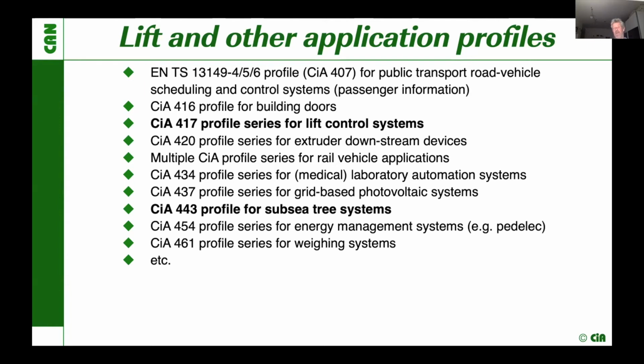Normally, you would call this passenger information systems, and this is given as a technical specification at a European level. We have then, which I have already mentioned, the building door control system application profile. There we need to reawaken the group to improve and update the documents, which is one of our most important. This is why it is highlighted in bold.